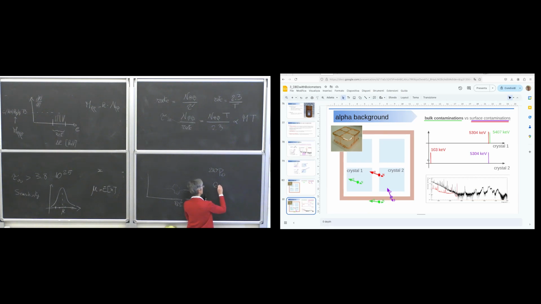Value, let me remember. So yes, Q value is, I think, this one. The alpha is, and the recoil, okay, are the energies.